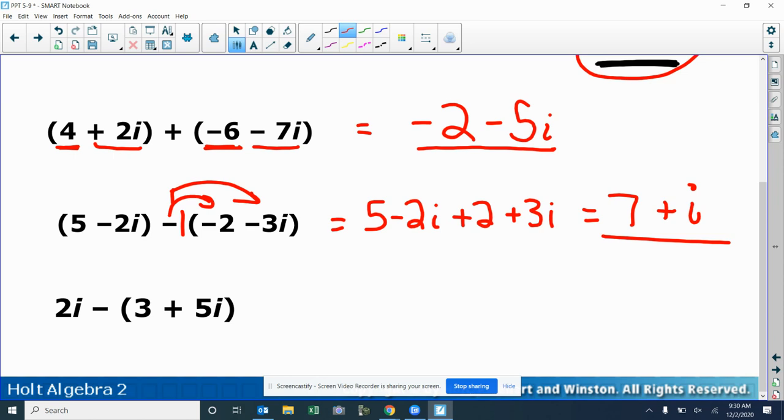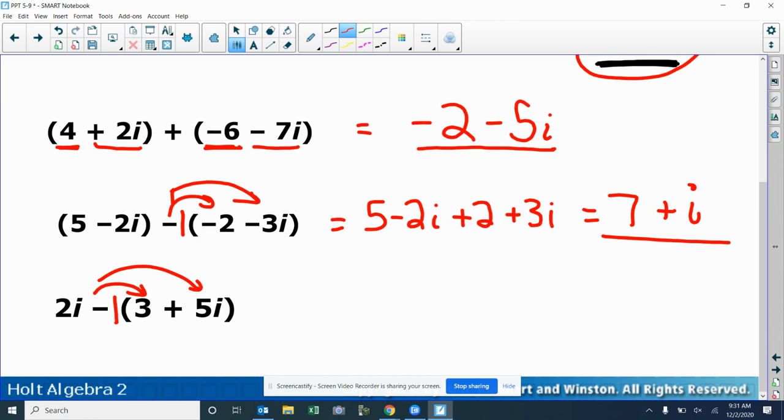See if you can do that bottom one. We're going to distribute there and simplify. You have a subtraction, so that negative needs to be distributed. Sometimes if you don't see that, it does help if you put a 1 in front. So boom and boom. So adding like things.